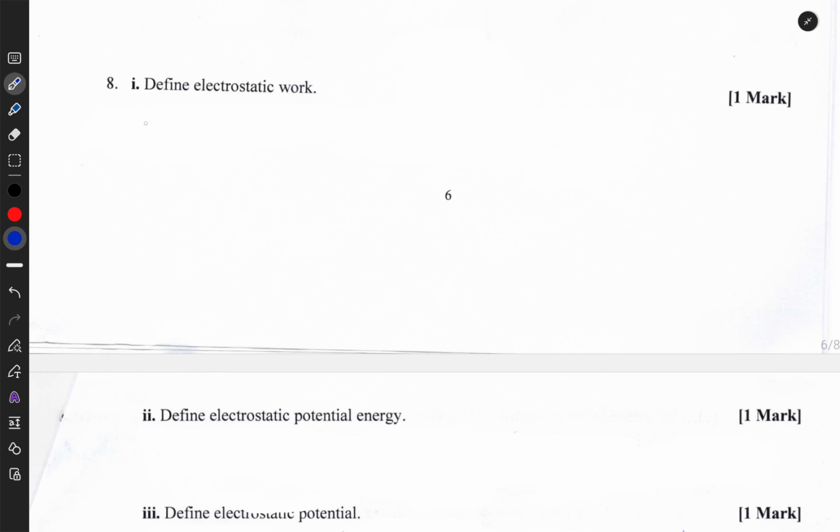What is electrostatic work? Define electrostatic work.